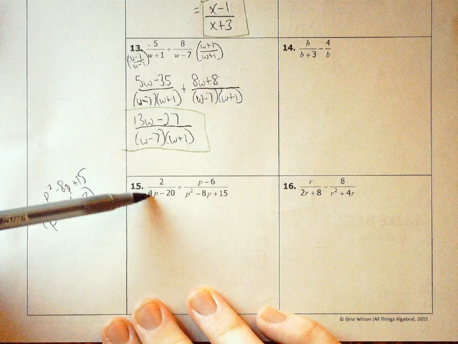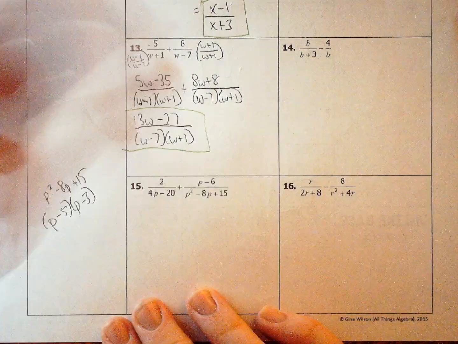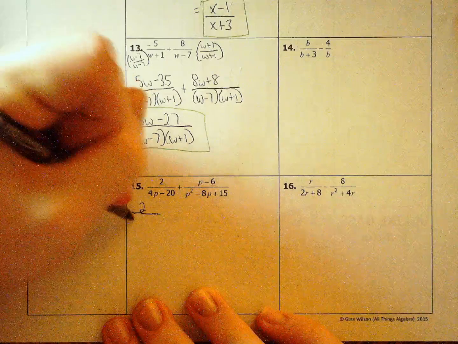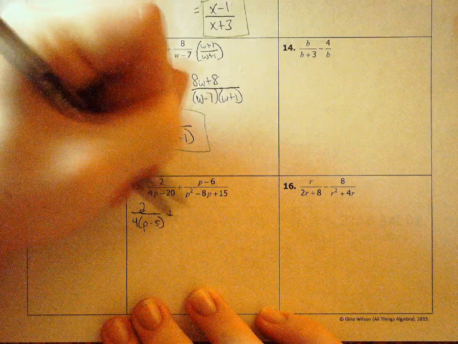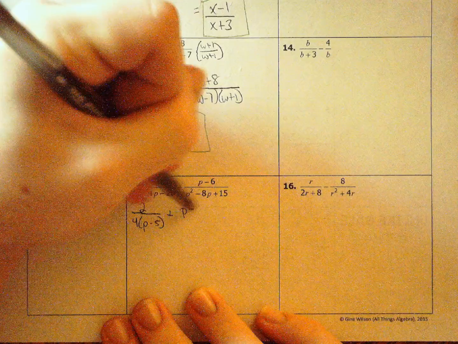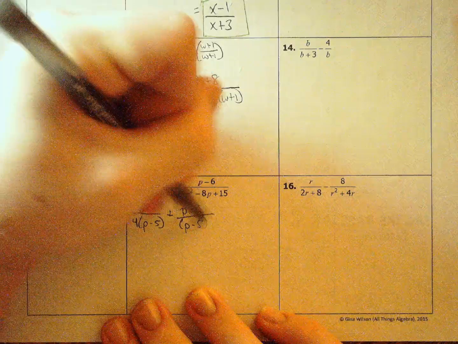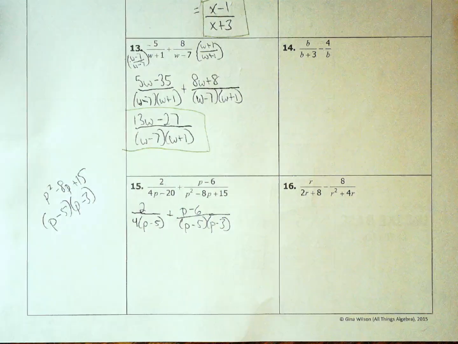Because I know if I factor out a 4 from 4p minus 20, I have a p minus 5 here. So let's do that. So now I have 2 over factor out the 4, 4 times p minus 5, plus p minus 6 over p minus 5, p minus 3.